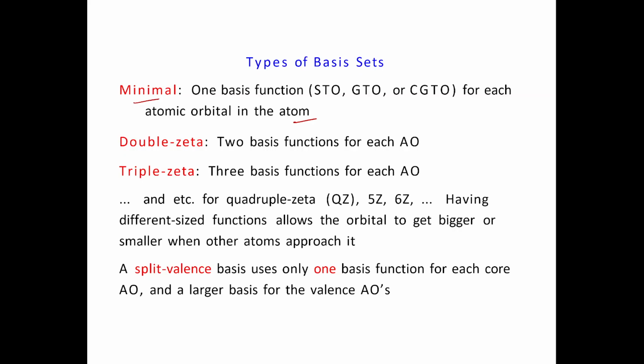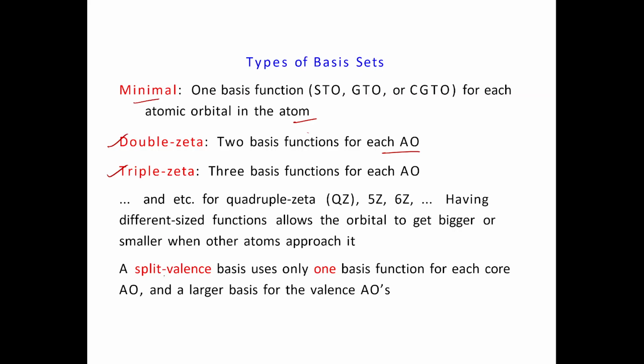In that way you will have the minimal basis set. Now what about the double zeta basis set? The double zeta basis set says that for each AO you use two basis functions. We'll come to that. Triple zeta is three basis functions for each AO, and then you have quadruple zeta, 5 zeta, 6 zeta, right?